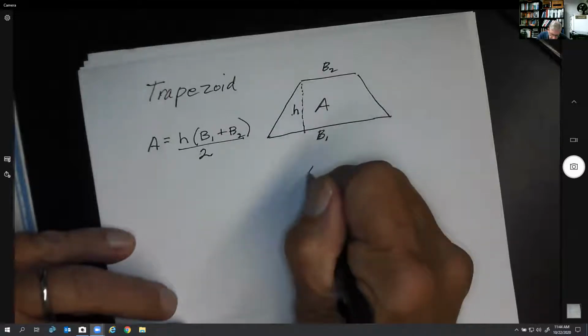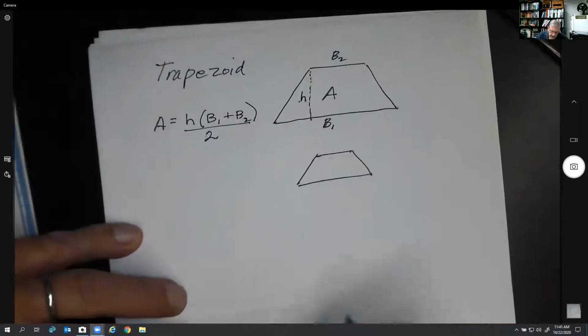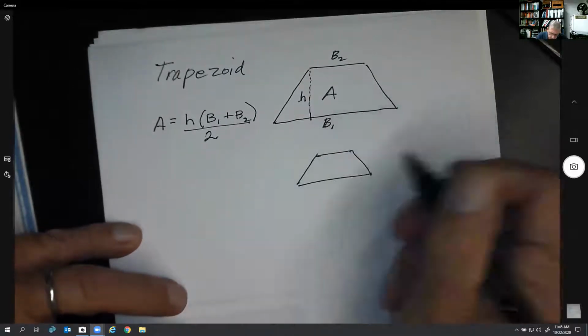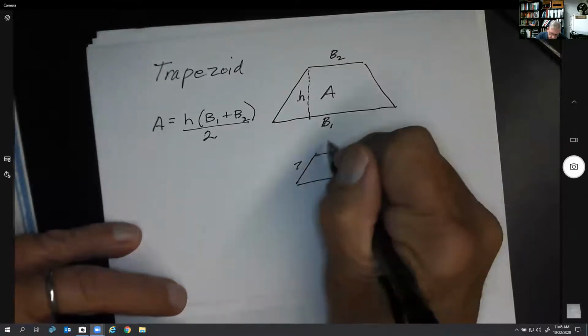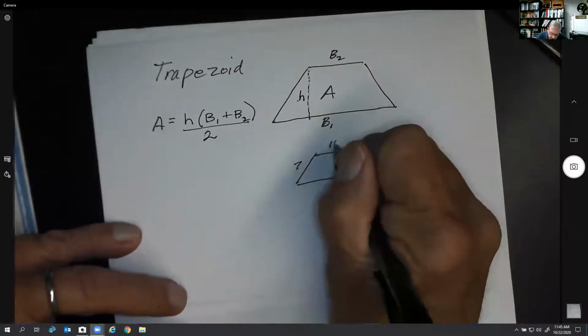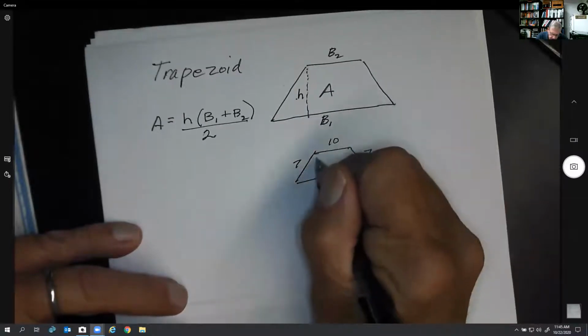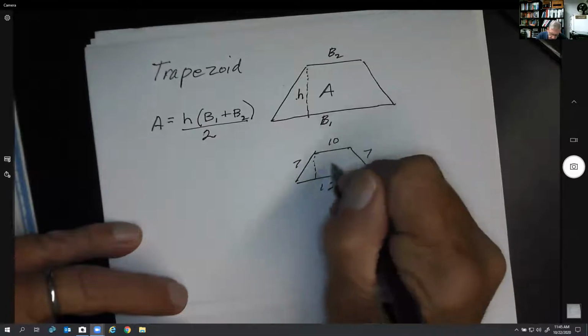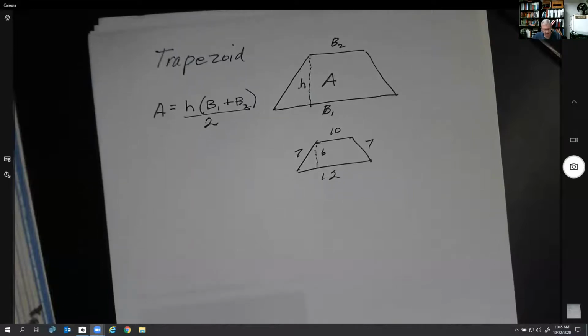So let's draw one here. Let's put in a bunch of measurements though. This looks like a 7. This looks like a 10. This is a 12. This is another 7. And this is a 6. And we want to figure out the area. Well, once again, they give you more information than you need. They like to trick you.